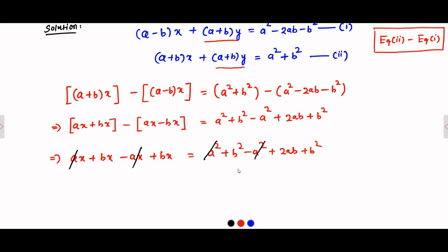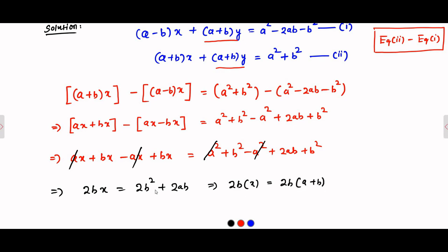So we have, that implies 2bx is equal to 2b² + 2ab. That implies 2b into x is equal to 2b into (a + b), taking 2b common here.